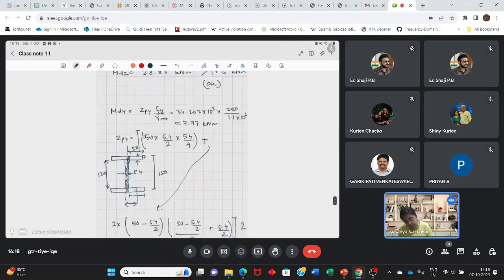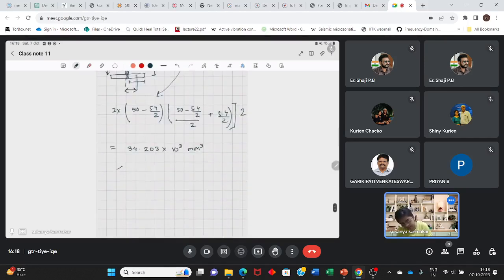This number should be less than 1.2 times Z_e f_y by gamma.